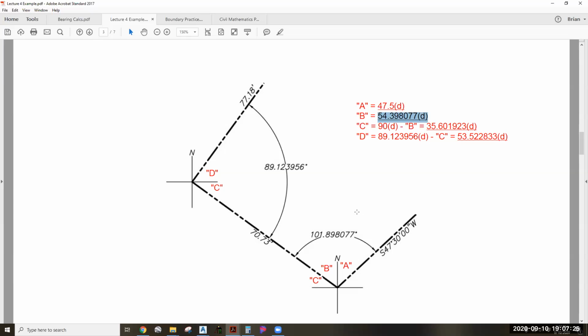But I like to do all my bearings at the very end just to make sure my math is correct. You will use that angle B as the bearing of that line, because we start at north and we fall towards the west.